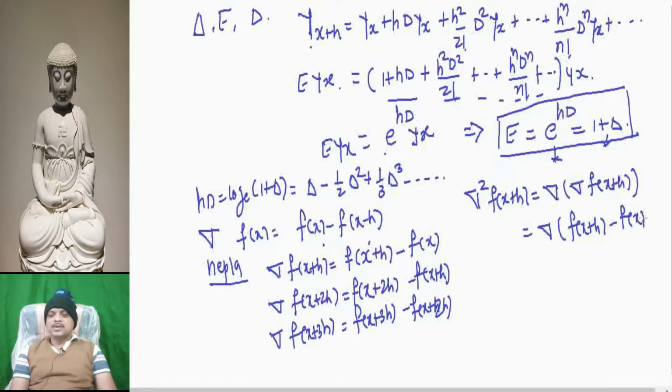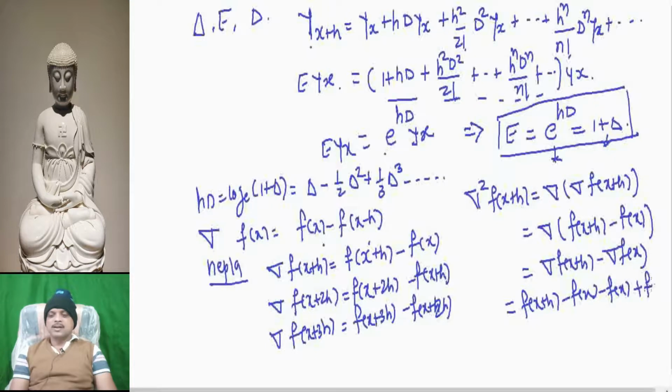So, this is equal to nabla of f(x plus h) minus nabla of f(x), and this is f(x plus h) minus f(x) minus f(x) plus f(x minus h), which equals f(x plus h) minus twice f(x) plus f(x minus h).